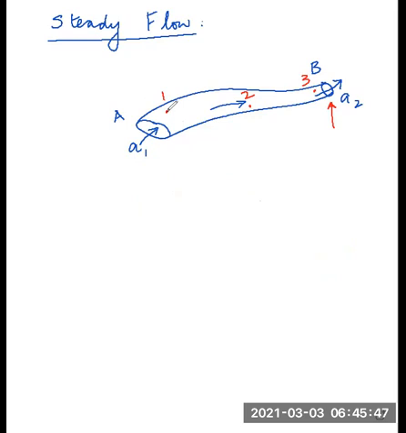Now there will be thousands and lakhs of fluid particles which will pass through point 1, let's say in 1 hour, or maybe in 1 minute or 30 minutes, whatever it is. There will be thousands of fluid particles which will pass through this point, right?